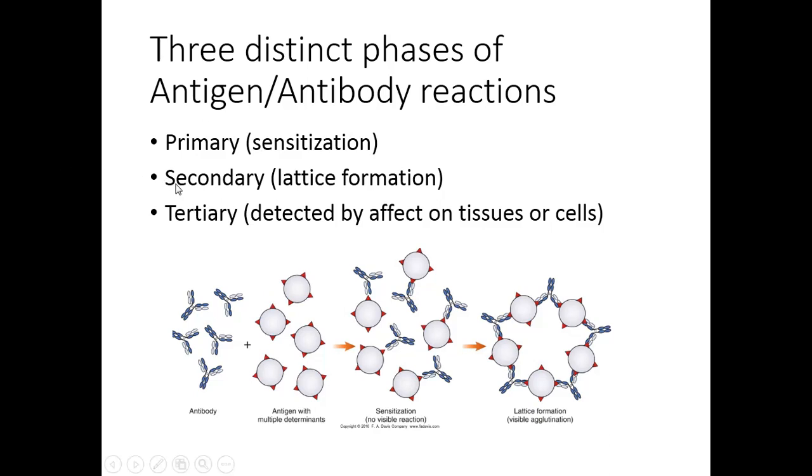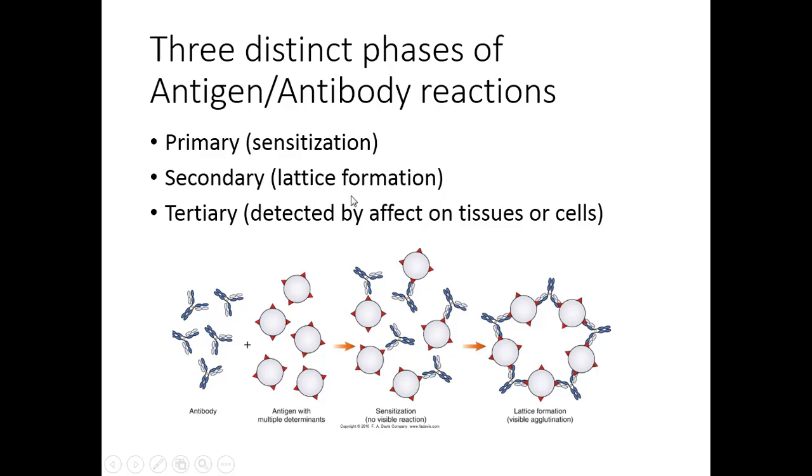That's called the primary phenomenon, or sometimes we call it a phase. The primary phenomenon is called sensitization, and that's just binding antibody to antigen. Bam. The secondary phenomenon is formation of what we call a lattice formation.